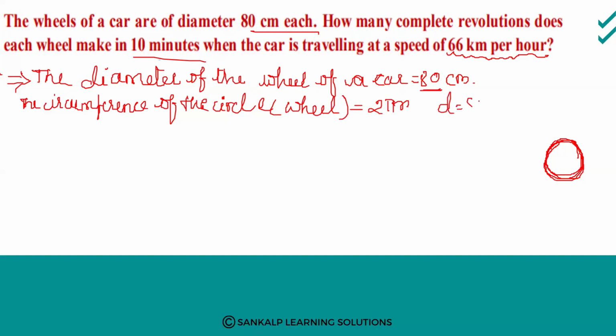Diameter they have given, that is 80 centimeters. So r is equal to 80 divided by 2. That means r value is 40. 2 pi into 40. That means 2 into 40 is 80 pi. So 80 pi is the circumference of the wheel.